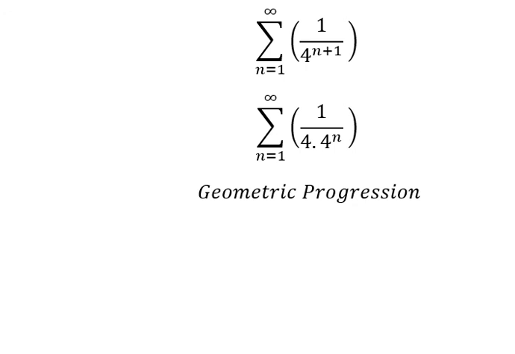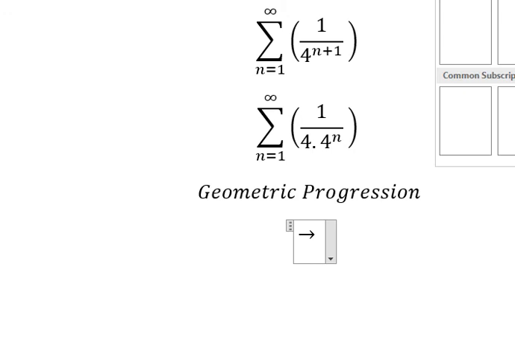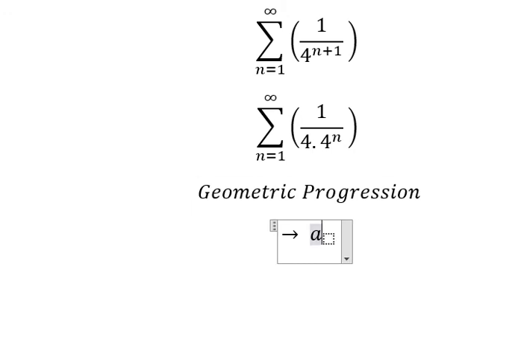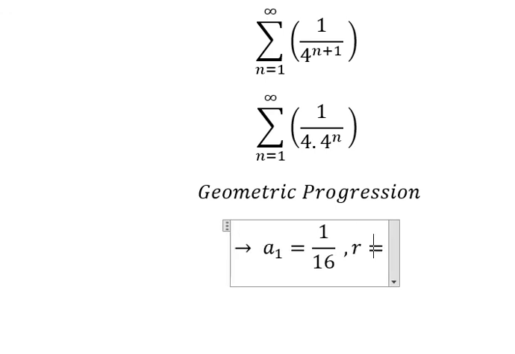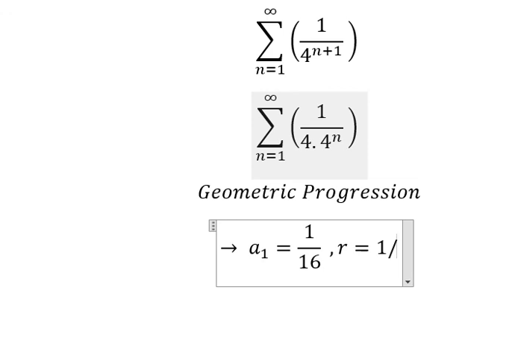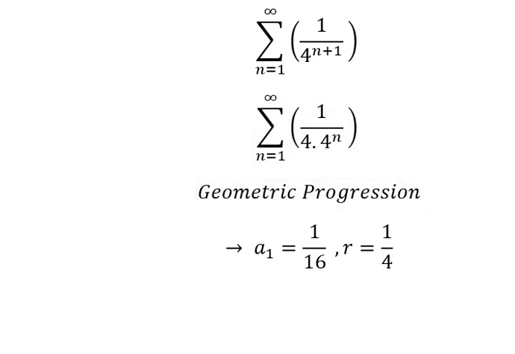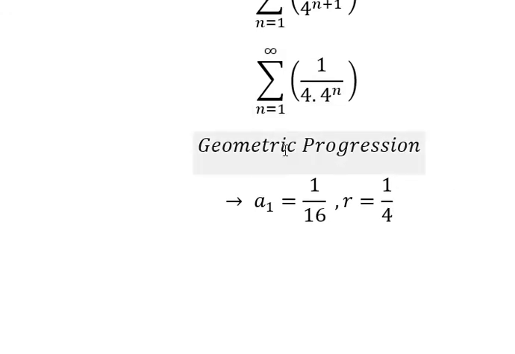So we want to find the sum of this one, so we will have a1, the first term in here, equals, when we put n equal to 1, 1 over 4 multiplied by 4, and you have 1 over 16, and r is the ratio, that's 1 over 4.